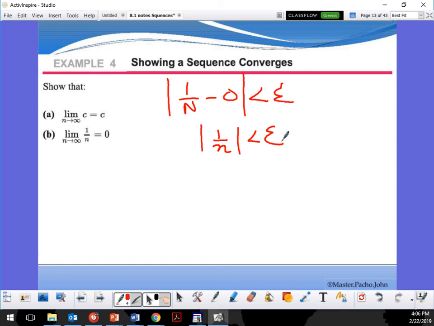So I also know that my n is greater than capital N, in an inequality. So go back to the algebra, and it turns out that 1 over capital N is going to be greater than 1 over lowercase n, right?